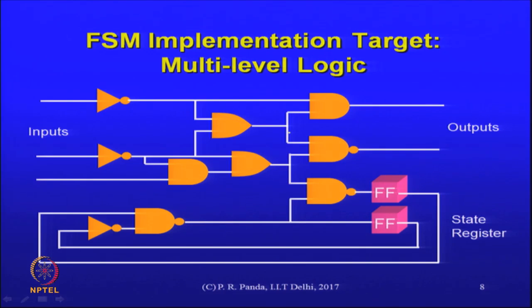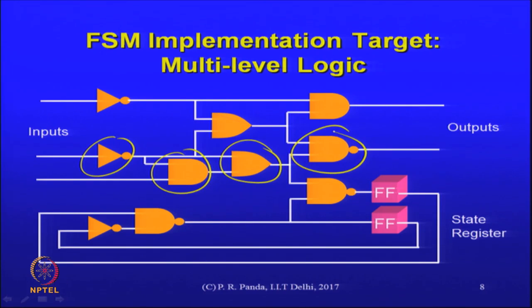It could also be that I have multi-level logic. The PLA is an example of a 2-level logic structure. You have AND terms and OR of appropriate AND terms, nothing more than that. There are only 2 levels, but you do not have to do it that way. You can have any number of levels. So, that is one level, this is another level, this is a different level.